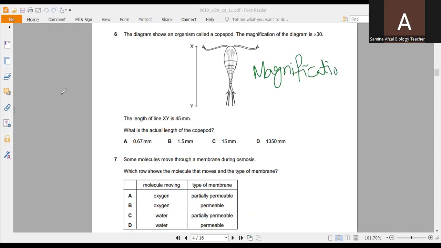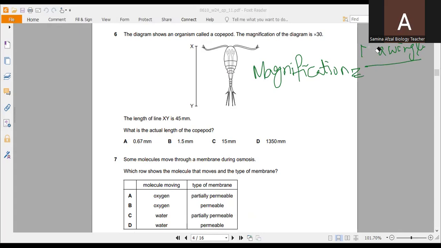The formula of magnification is equal to drawing length, or image length, over actual length.